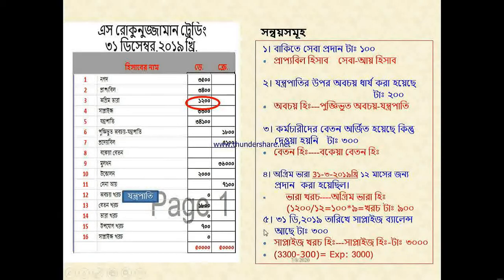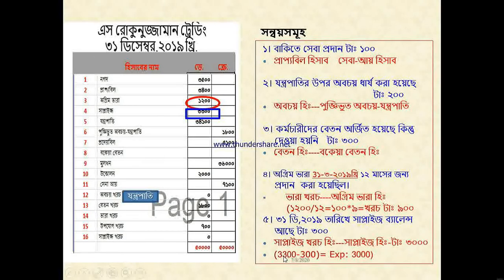Adjusting number 5. At the end of 31st December 2019, the supplies balance remaining is taka 300. But at the beginning of this year, how much was the supplies amount? 3,300. Now the remaining amount is 300.